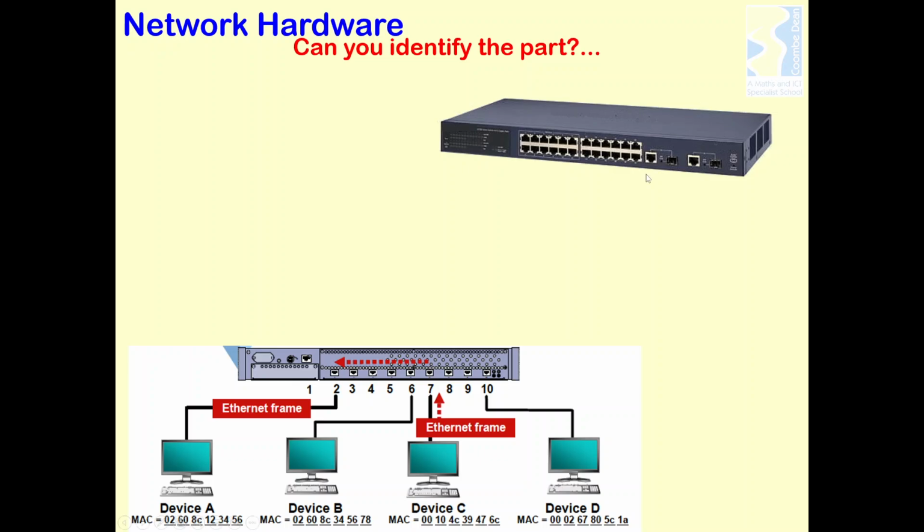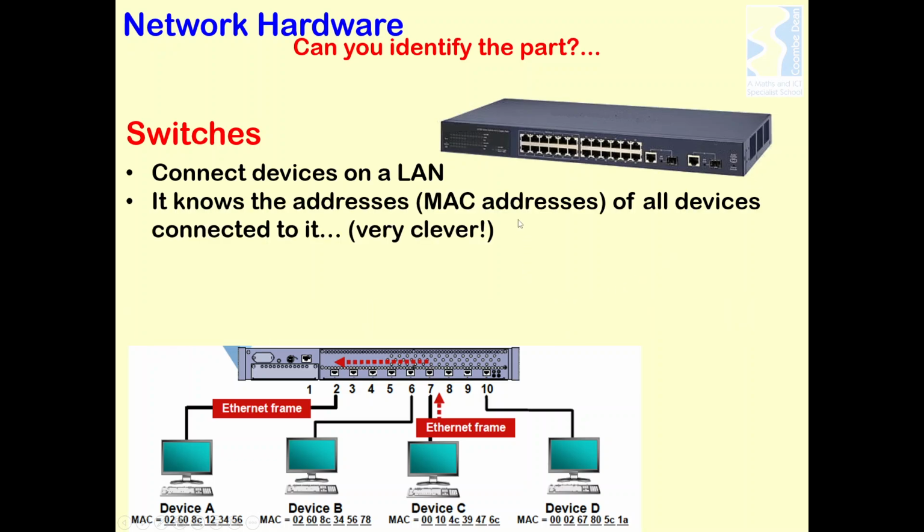This device here, this is a switch. Every device on the network would connect to the switch. It connects all the devices on a LAN, local area network. It knows the MAC address of all the devices connected to it, a bit like a post office that knows all the devices. It receives data in little chunks or datagrams called frames of data.